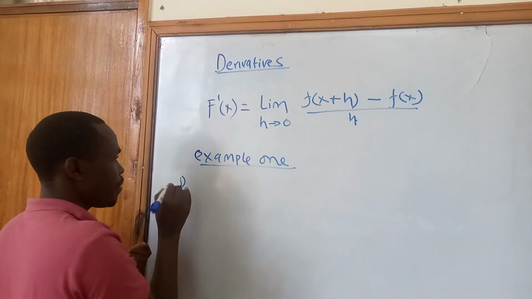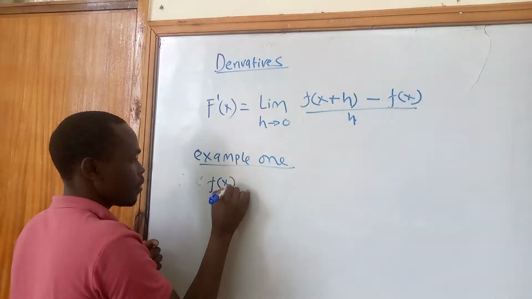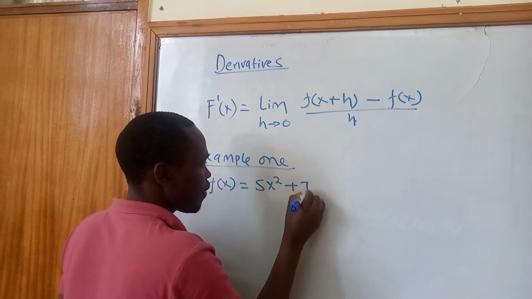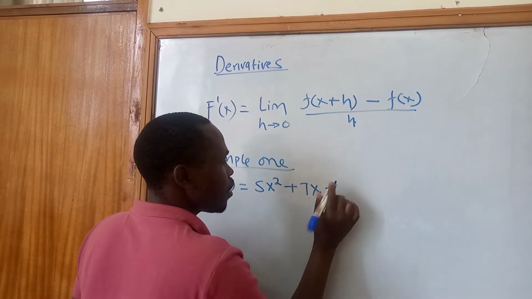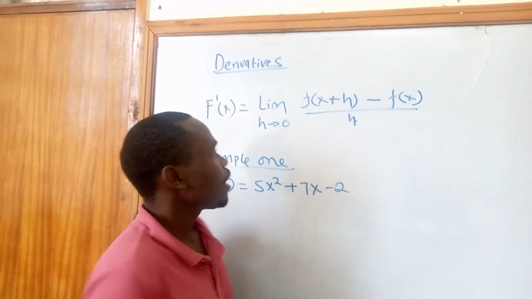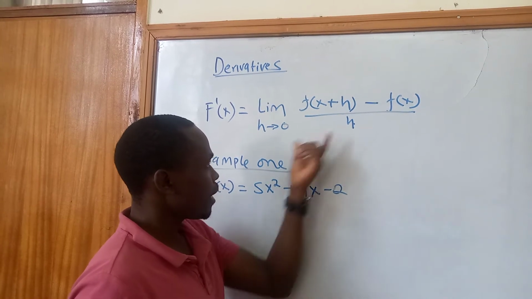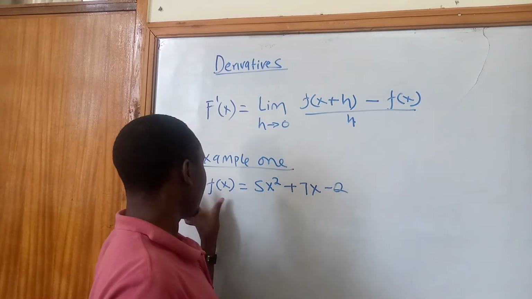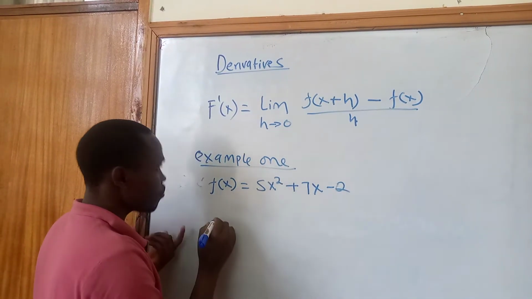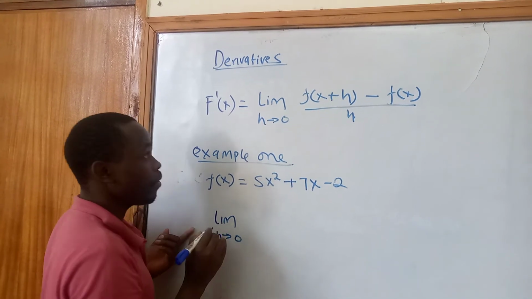If you have been given f of x equal to 5x squared plus 7x plus 2, and you have been asked to find the derivative, don't struggle too much. I have the formula, so I'm going to substitute this function where there is x. Then it will be the limit as h approaches 0.